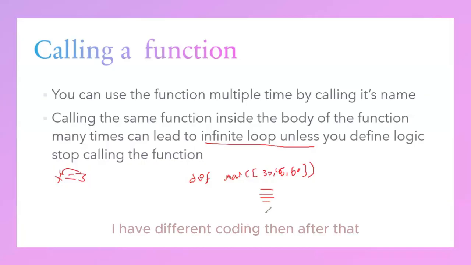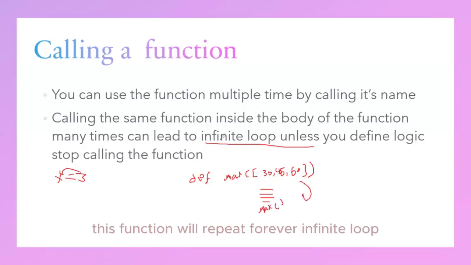I have different code. Then after that, I write the max function again. This function will repeat forever, an infinite loop, because I already defined max and I am calling it inside its own definition.